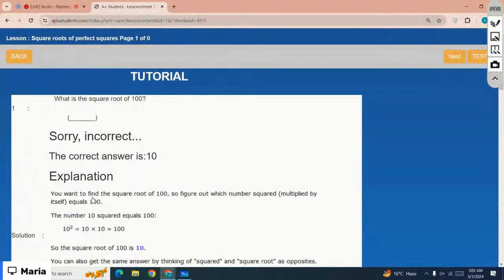You need to find a number that, when multiplied by itself, makes 100. That is 10 times 10 equals 100. So squares and square roots are opposite to each other. 100 is the square of 10, and the square root of 100 is 10.